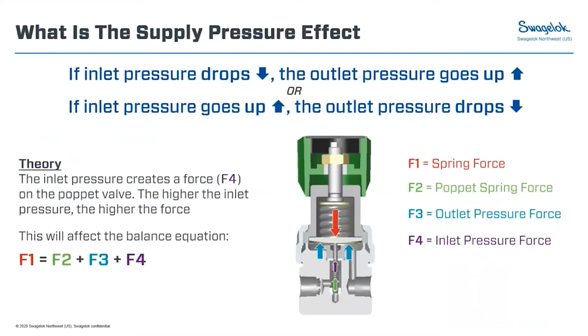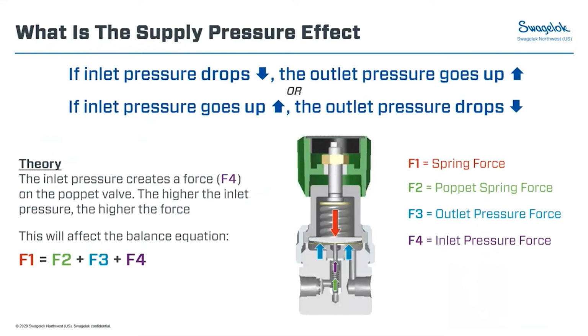So the next performance criteria, and the last one I want to cover today, is what's called the supply pressure effect. This is when, let's say, our inlet pressure drops, our outlet pressure is actually going to go up. And when our inlet pressure goes up, our outlet pressure is going to drop. It goes against what you might think happens.